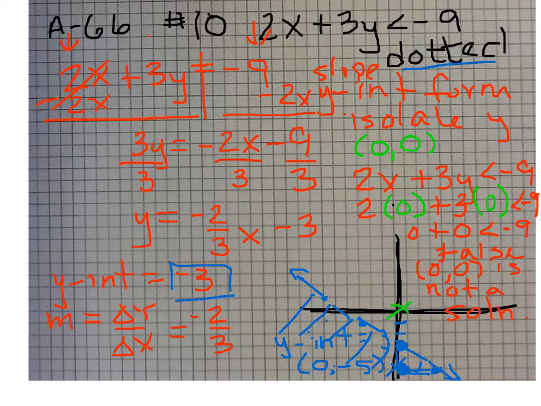All right, so the question that I am going to ask you is, given the inequality 2x plus 3y is less than negative 9, why did I put this in y-intercept form to graph and not just find the x-intercept and the y-intercept?